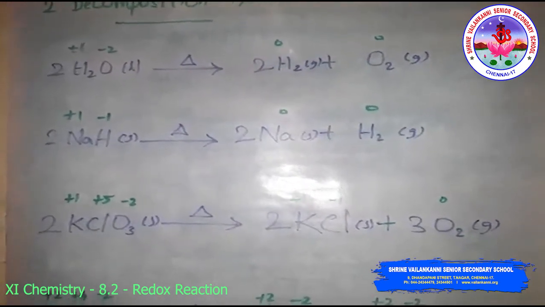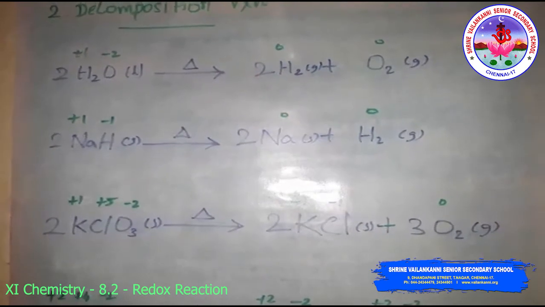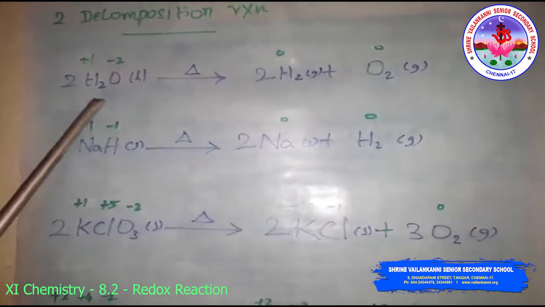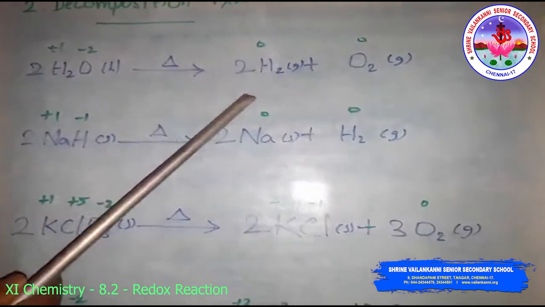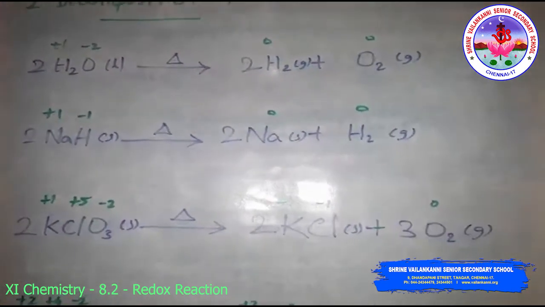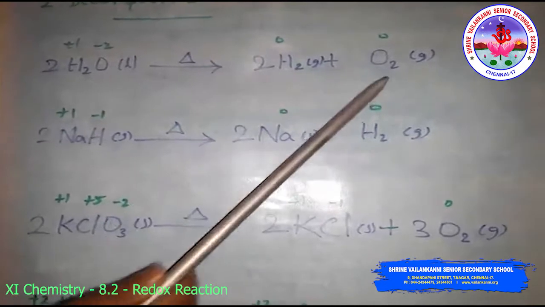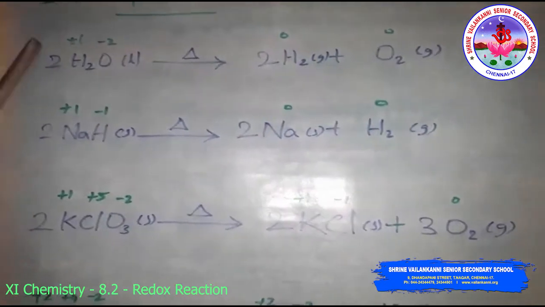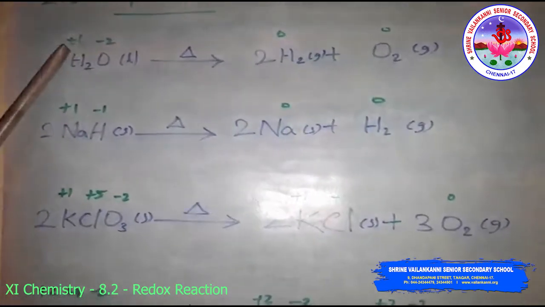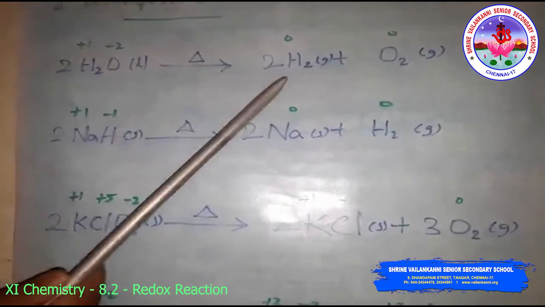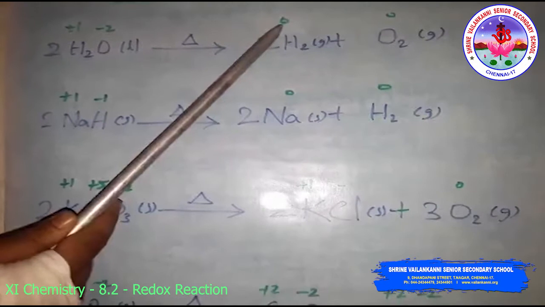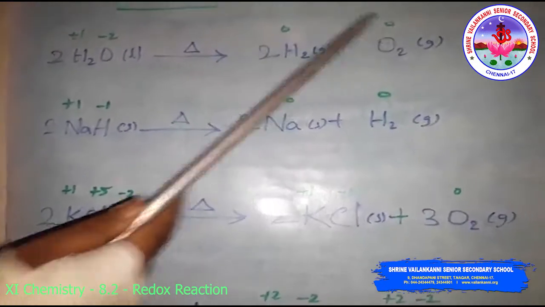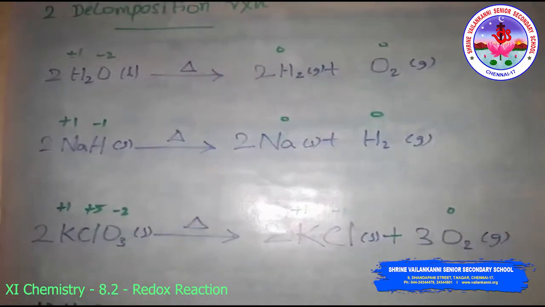That means here the water molecules on heating break down into two molecules, that is hydrogen gas and oxygen gas. Here the oxidation state of hydrogen is plus 1 and oxygen is minus 2. Here it breaks down to elemental form, that is why they are in free state. So 0 oxidation state for both elements.